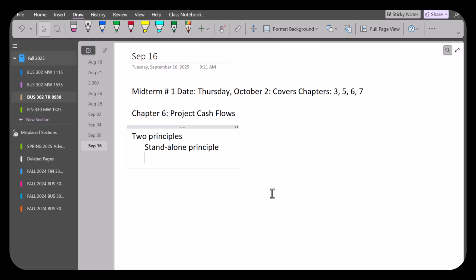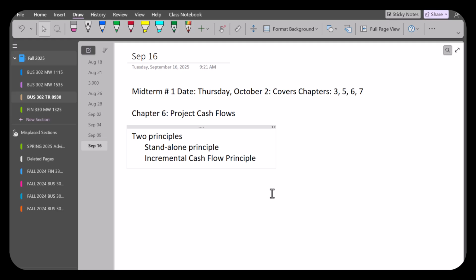The second one is incremental cash flow, which means when we're calculating things like what is the sales for the project, what are the costs and things like that, we're going to think about cash flows with the project versus without.